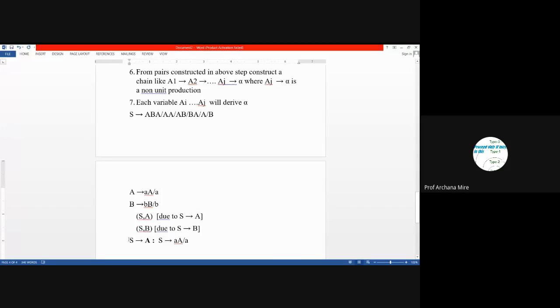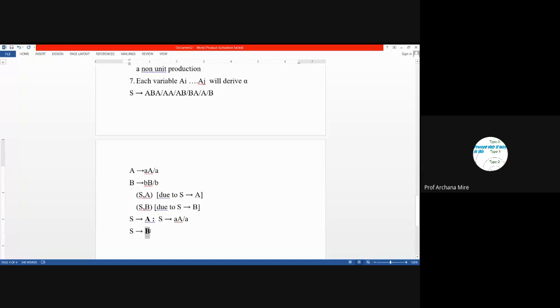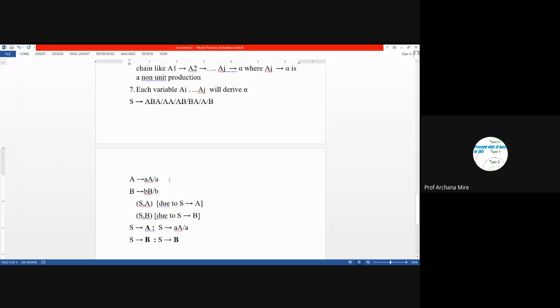Similarly, we do this for the next unit production, S leading to B. Once again, we replace this non-terminal B with the production rules of B. The production rules of B are BB and b.